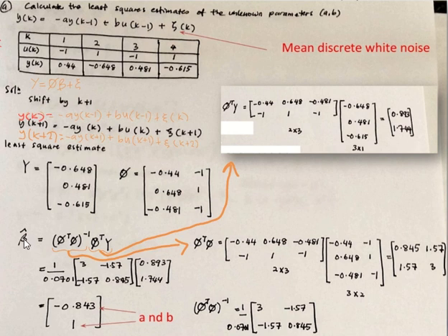Beta hat has two values, which are actually A and B. So A and B are here. This one we can solve manually. How we can use MATLAB, with the aid of a computer, to solve it, we will look at after this.